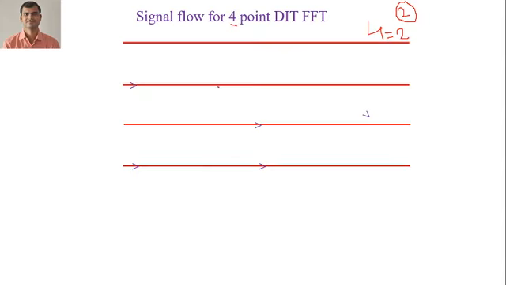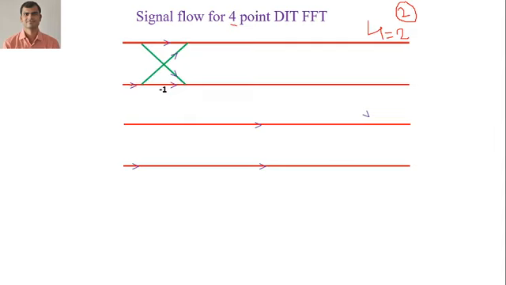Now after completing each butterfly, these are the flows in which we have to move. After completing each butterfly, here we need to multiply with -1, and here we have the twiddle factor exponent multiplication.